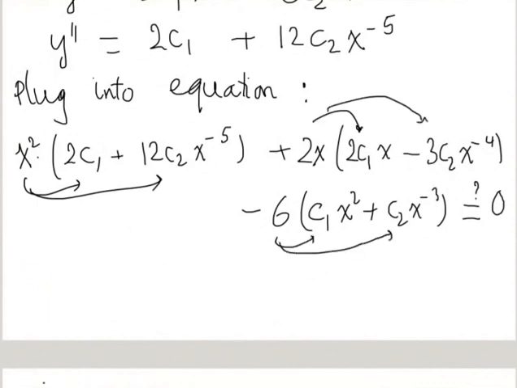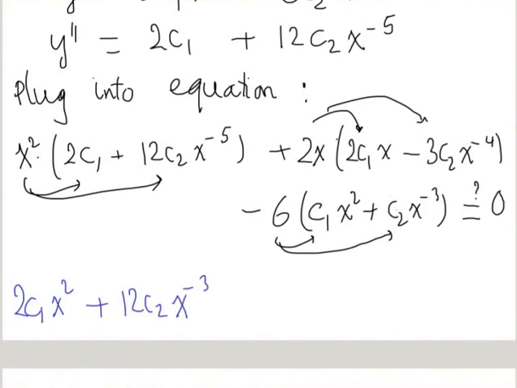If you distribute in, we will have 2c1 x squared plus 12c2, and x squared combined with x to the negative 5 will give us x to the negative 3.